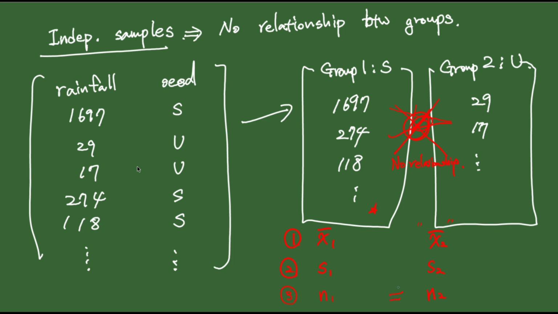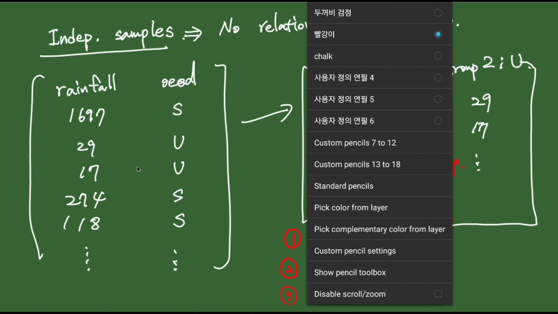They are not necessarily equal to each other. So we have these six pieces of information.